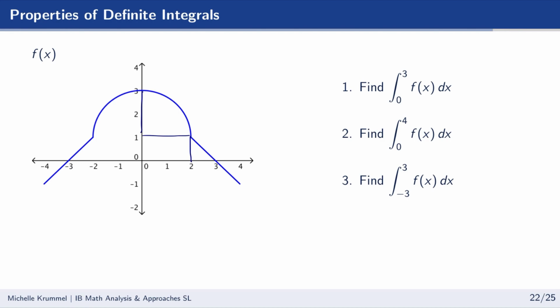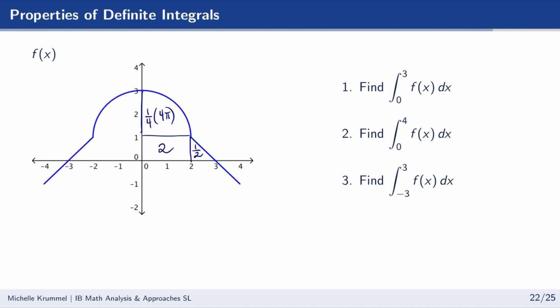So the rectangle is easy. It's a 1 by 2 rectangle. It has an area of 2. Then the triangle is half of a 1 by 1, so it has an area of 1/2. The quarter circle is 1/4 of the area of the whole circle that has a radius of 2, and a circle with a radius of 2 has area pi times 2 squared.